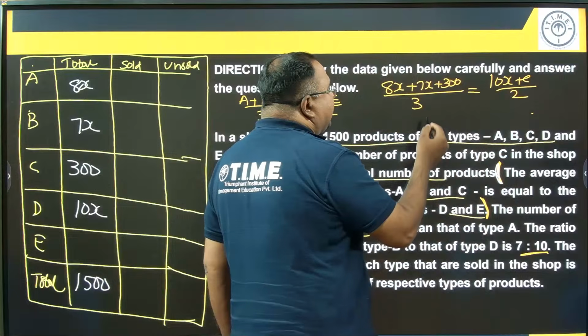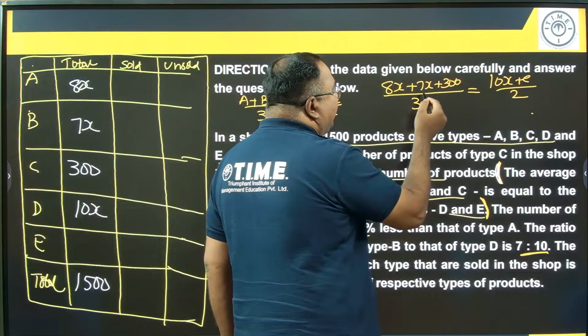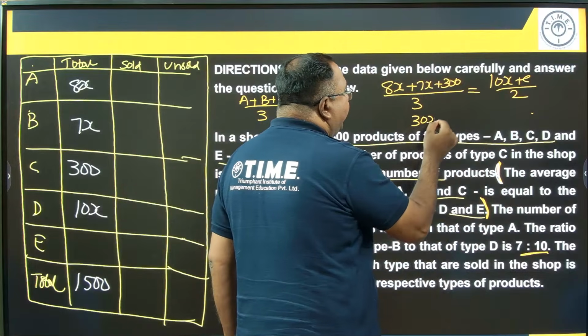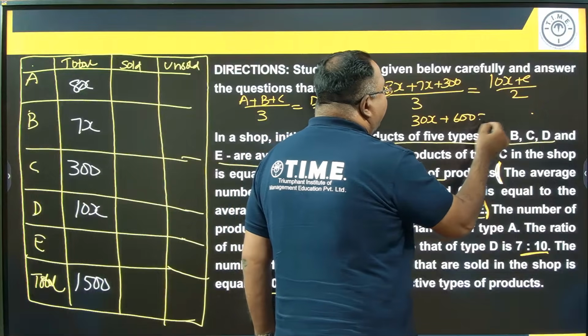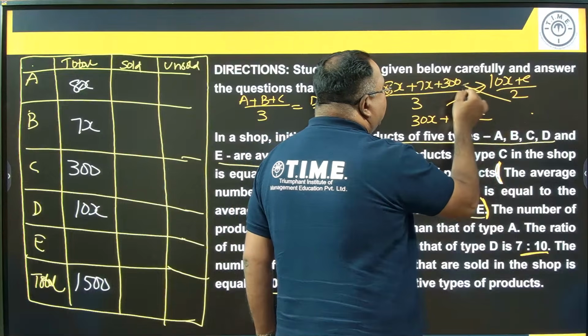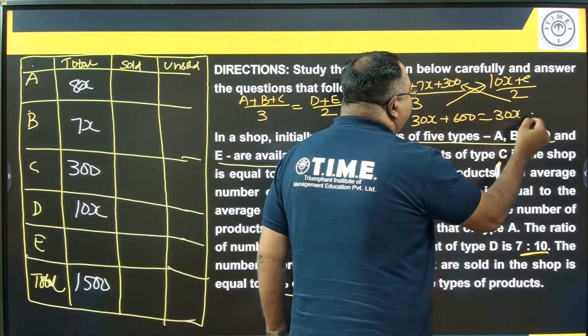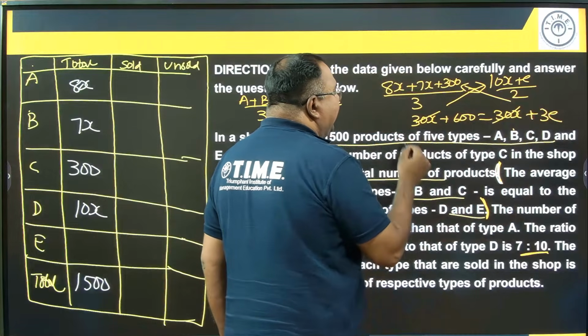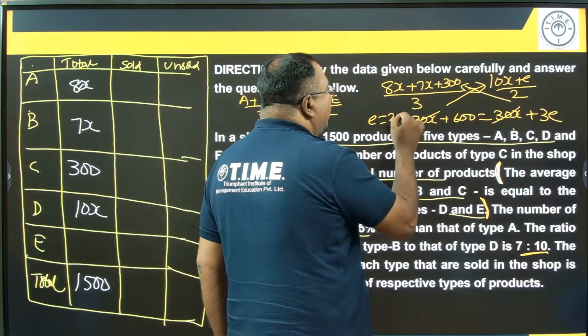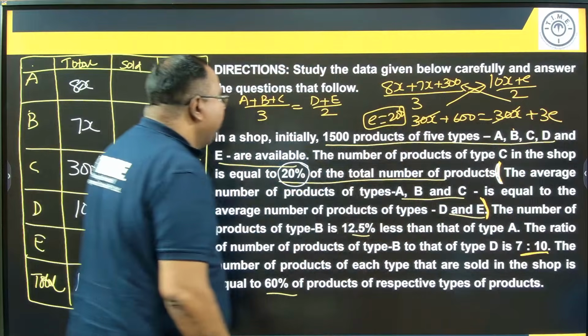So this is 15x. If I cross multiply 15 into 2, 30x plus 600 is equal to, if I cross multiply this one, 3 into 10, 30x plus 3E. 30x cancel. 3E is 600. E is equal to 200. I got E value 200.